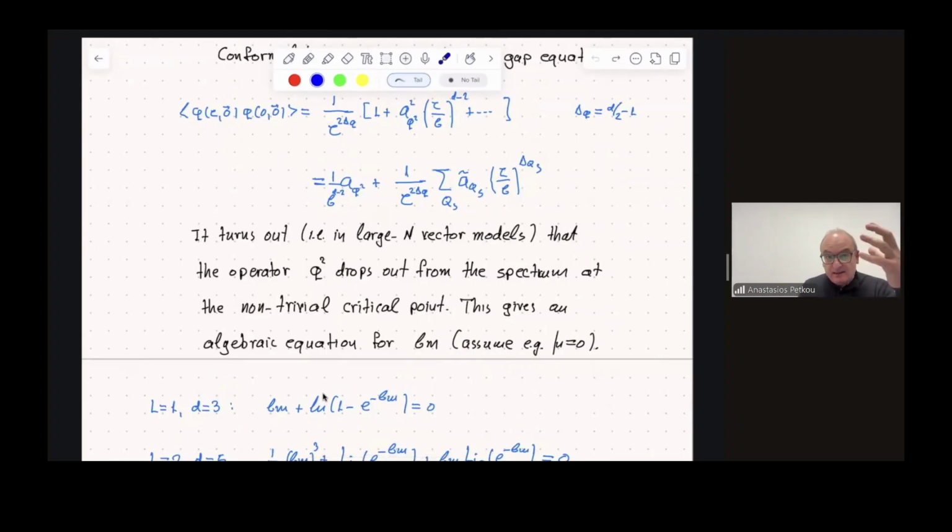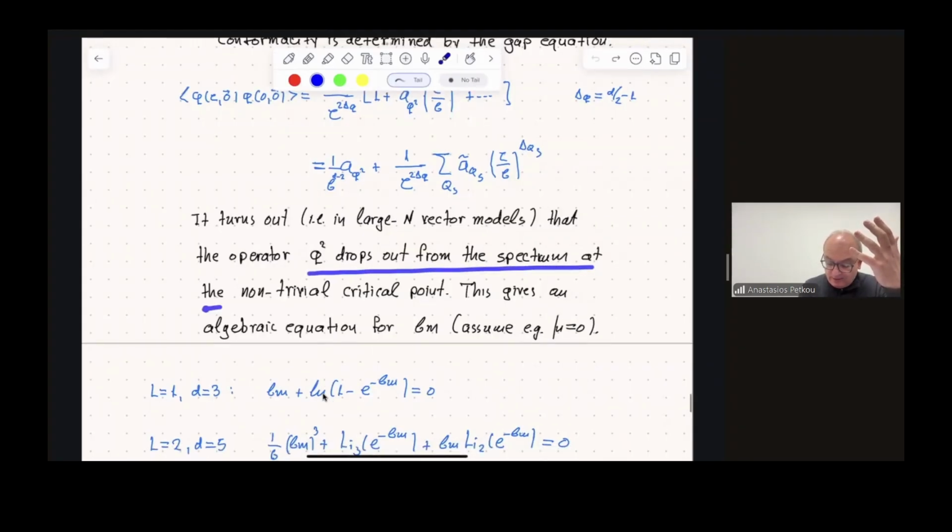I think it is like a boundary condition. Do you want it to be there in your conformal field theory? I don't have an argument why it shouldn't be there. Actually, in the free field theory, it is there, and as you know, it's proportional to z to the d minus 2. But in vector models, this operator, phi squared, drops out from the spectrum at the non-trivial critical point. So actually, what you would like is to set it to 0.